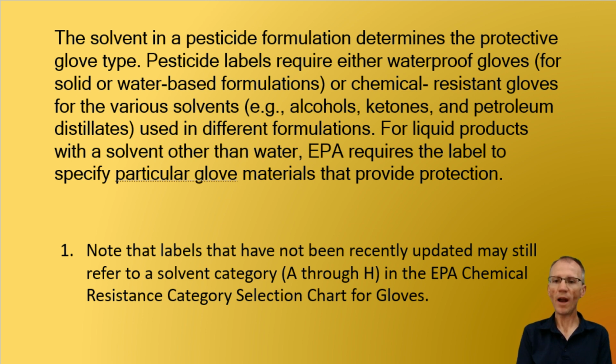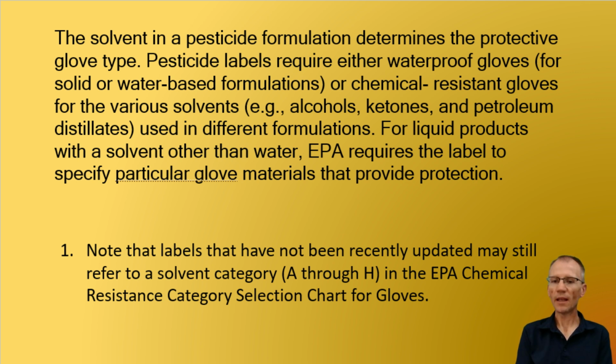Pesticide labels require either waterproof gloves for solid or water-based formulations, or chemical-resistant gloves for various solvents, e.g. alcohols, ketones, and petroleum distillates, used in different formulations. For liquid products with a solvent other than water, EPA requires the label to specify particular glove materials that provide protection.